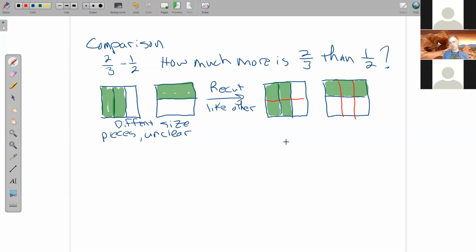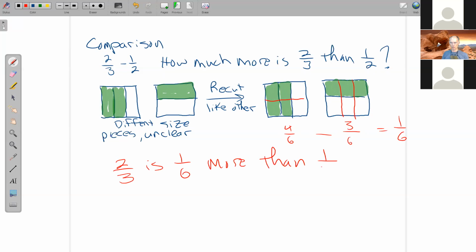So now I can see this one has 4/6, this one has 3/6. And so there's 1/6 more in the 2/3. So then 2/3 is 1/6 more than 1/2. So a little explanation up front, a little explanation during, and a sentence to state the conclusion there.